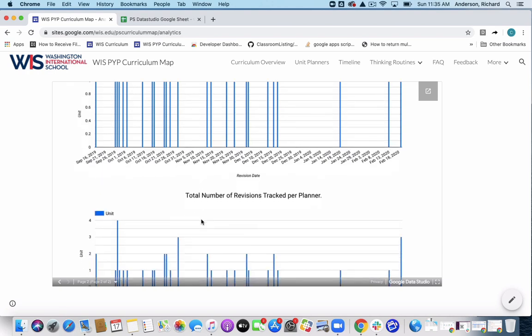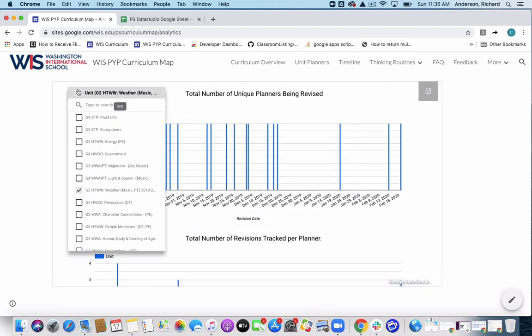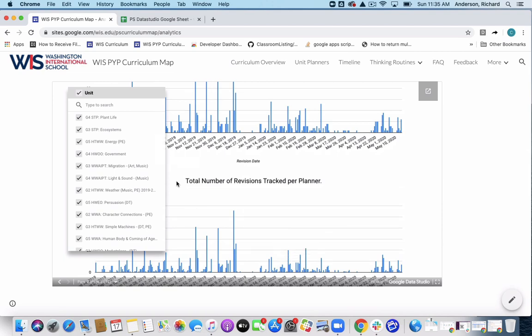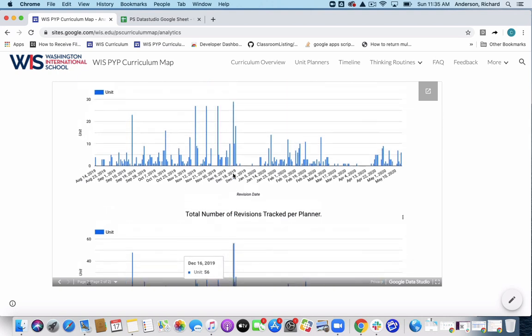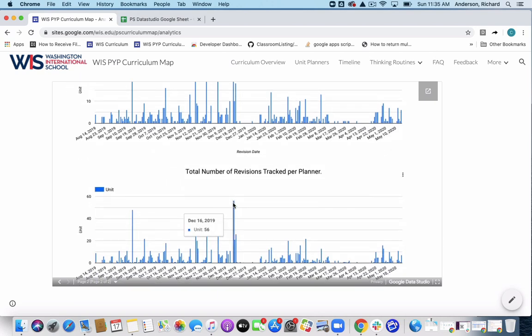If we scroll down to the chart here at the bottom, let me just disable that. We see this is the total number of revisions tracked per planner. So what this means is these bars could account for multiple revisions in the same unit planner. So that's why this number is much higher than the one over here, because it's accounting for all of the revisions, essentially.